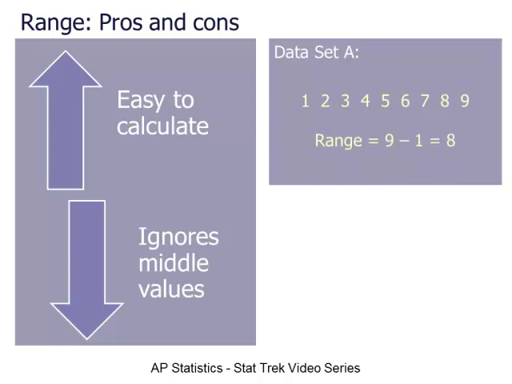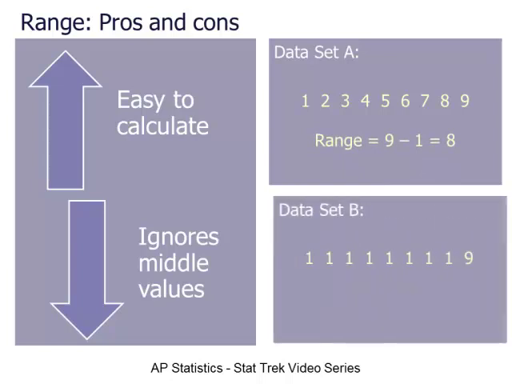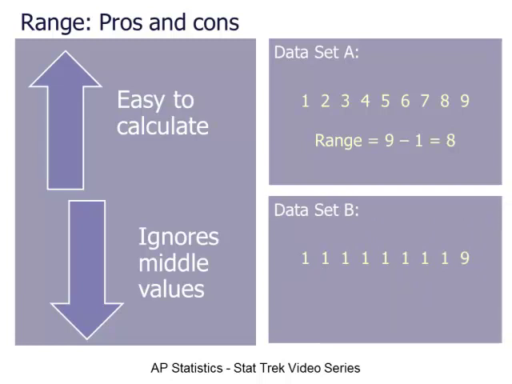Compare dataset A to dataset B. All of the numbers in dataset A are different, whereas in dataset B, all of the numbers except one are the same. In short, dataset B has much less variability.